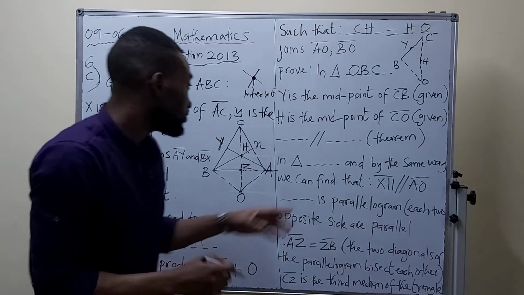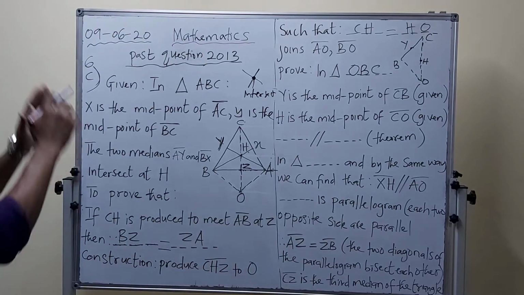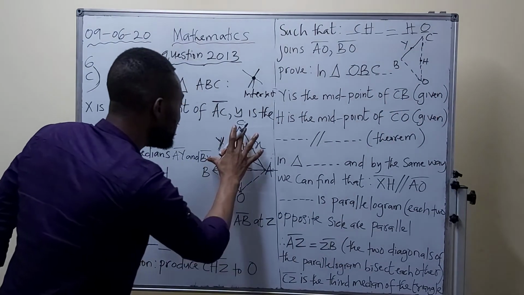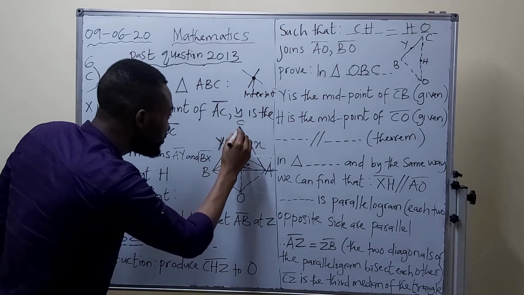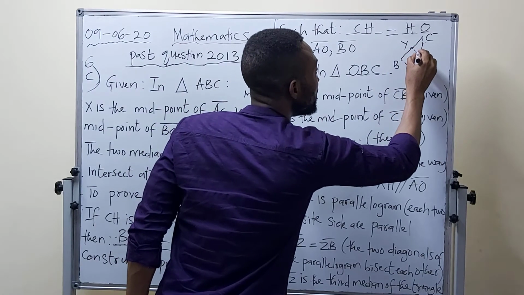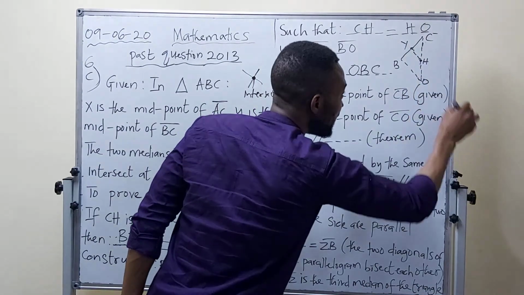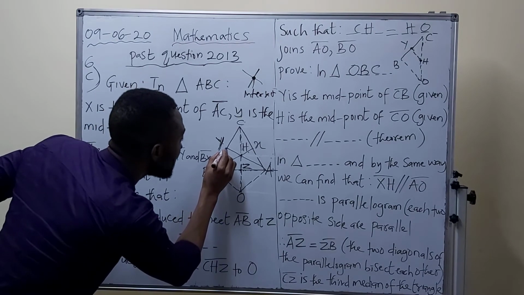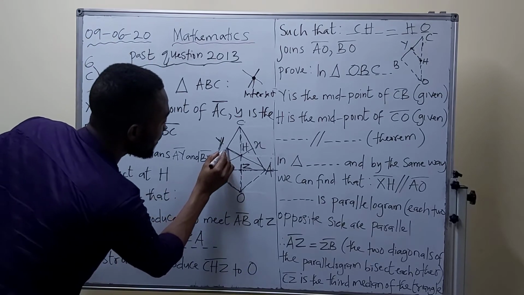So, dash parallel to dash. If you look at this triangle here, this is B, and this is C. In this triangle, we have Y to be the midpoint here, and H. If you look at this Y to this, you can see they are parallel.